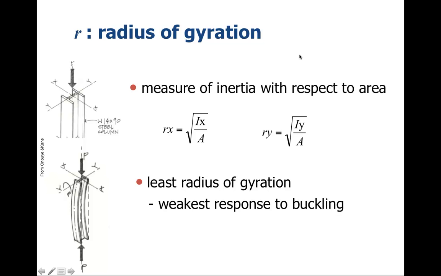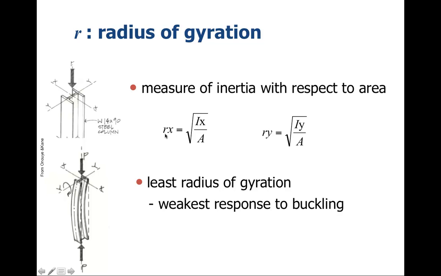All right, another factor that we use in terms of buckling is the radius of gyration. It's hard to provide a very good definition for the radius of gyration, but basically it's a measure of the inertia with respect to the area. And of course, we're going to have two axes here. So here we have this I-beam. We know that it's going to buckle more along this axis, this way, as shown here, and not the other axis.